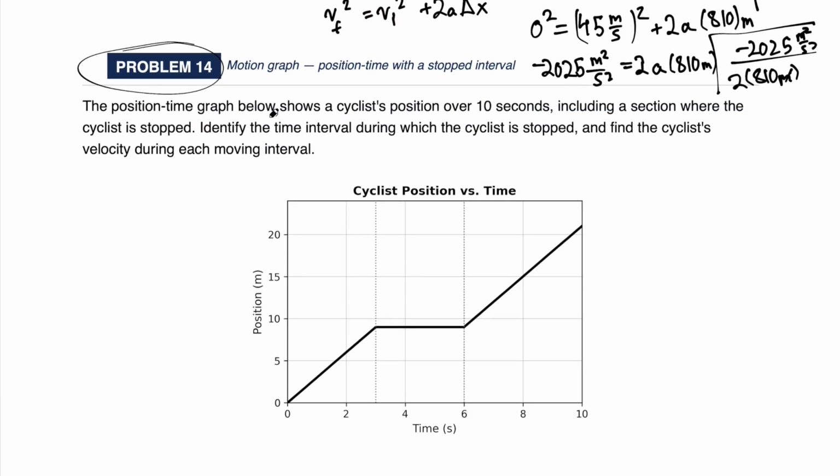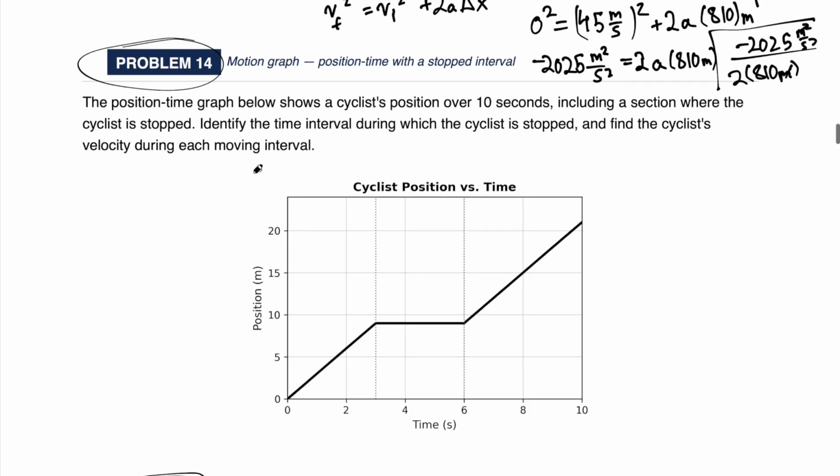The position-time graph below shows a cyclist's position over 10 seconds, including a section where the cyclist is stopped. Identify the time interval during which the cyclist is stopped and find the cyclist's velocity during each moving interval. Okay? So we can understand that over here is probably where it stopped, right? Because he's not moving, first of all.